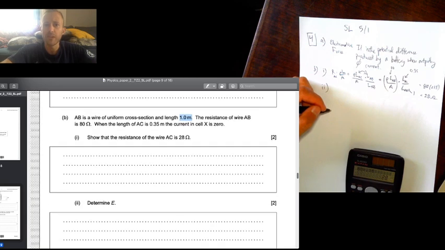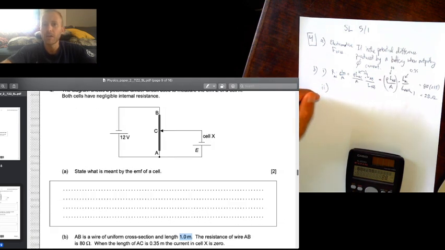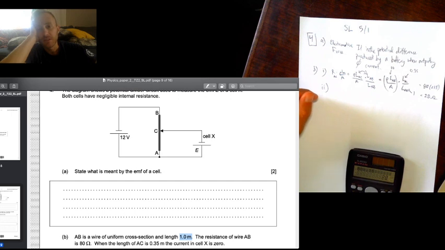It says when the length of AC is 0.35 meters, the current in cell X is 0. So what would make the current in cell X 0?